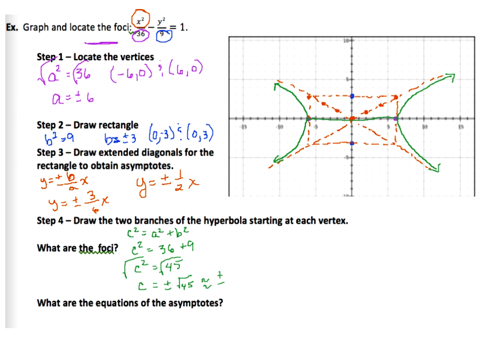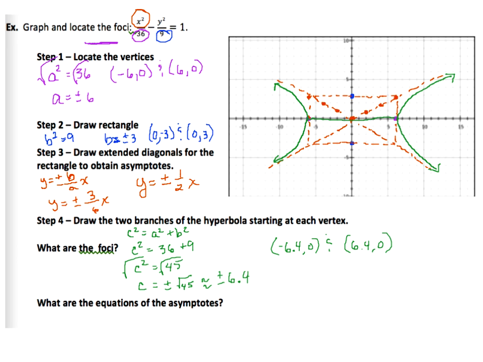Put these in decimals since we're graphing. So that's positive negative 6.4, approximately. That's what the wavy equal sign is, approximately. Since I'm dealing with a horizontal transverse axis, those foci are going to show up on the x-axis, so the coordinates for them are negative 6.4, 0 and positive 6.4, 0.